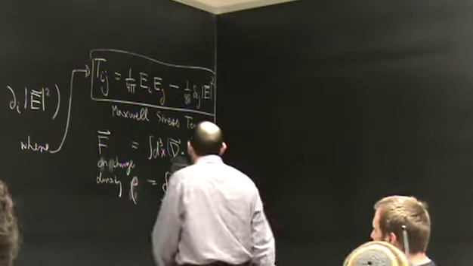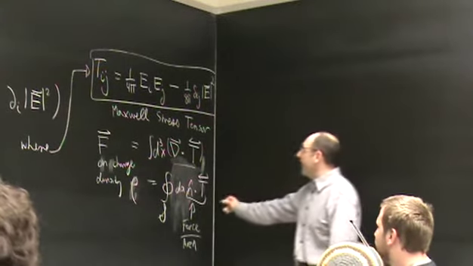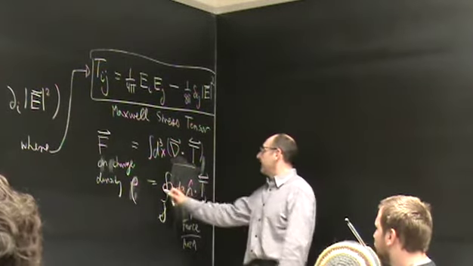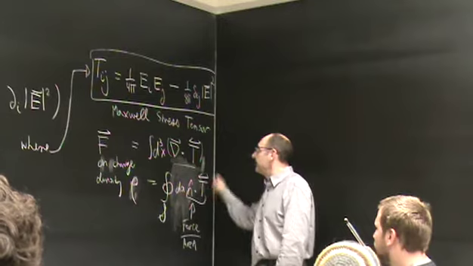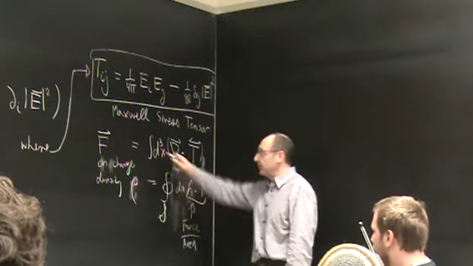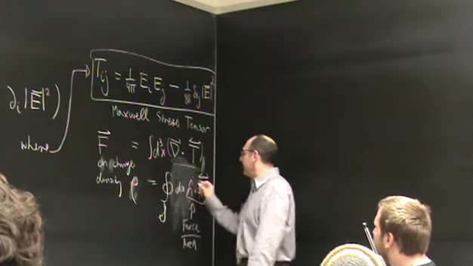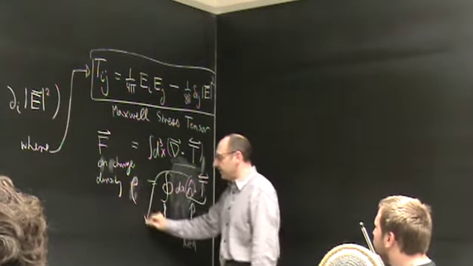So, how do we calculate that force? What it says is that we have to calculate the flux of this quantity out of the surface. The normal here, from Stokes' theorem, Gauss's theorem, is the normal out of the surface.